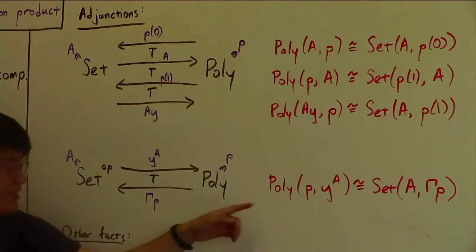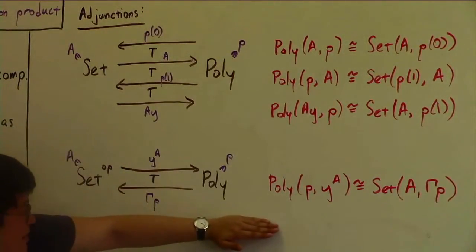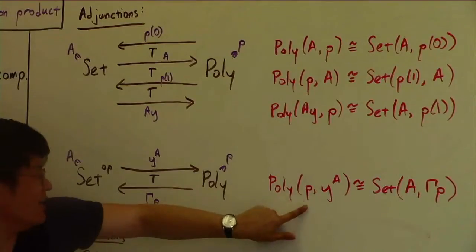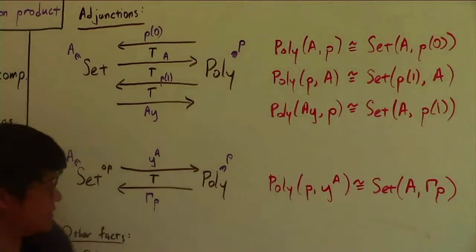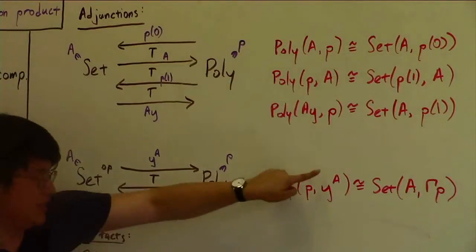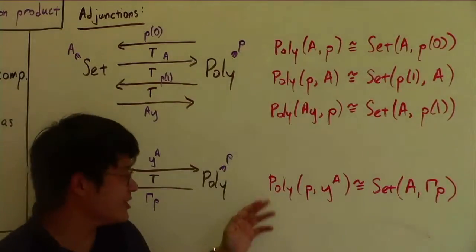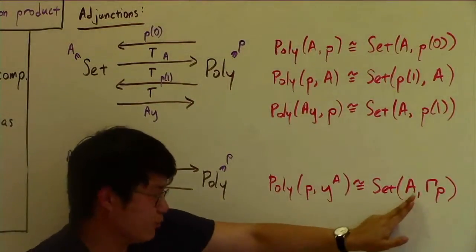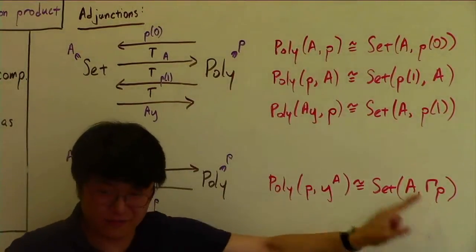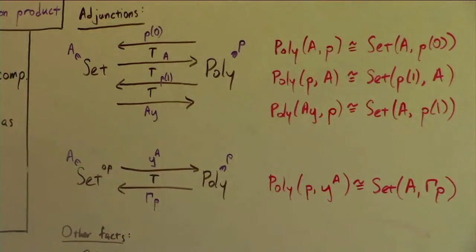We have this adjunction here, although you can see this one fairly easily: maps from P into y^A are just a bunch of maps from P to y, one for each A, by the universal property of the product. So we really just have one map from P to y for each A. These are going to come up a bit.